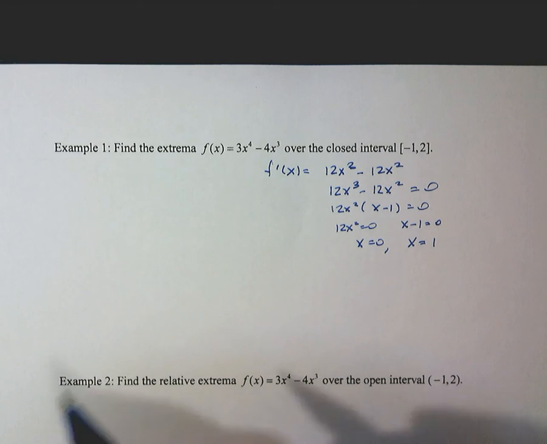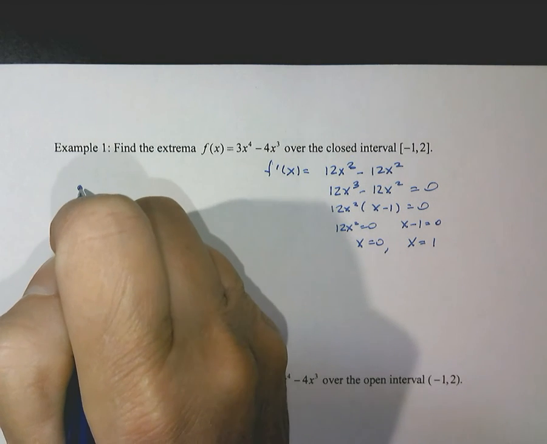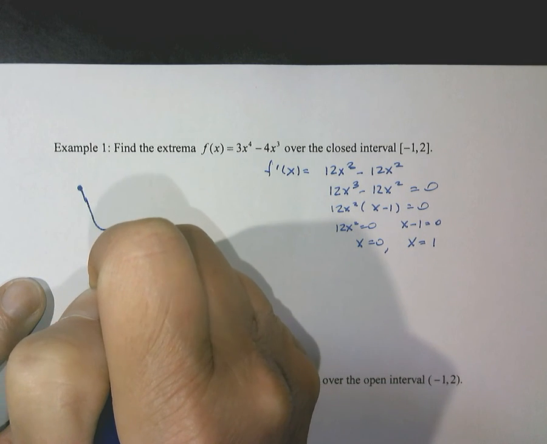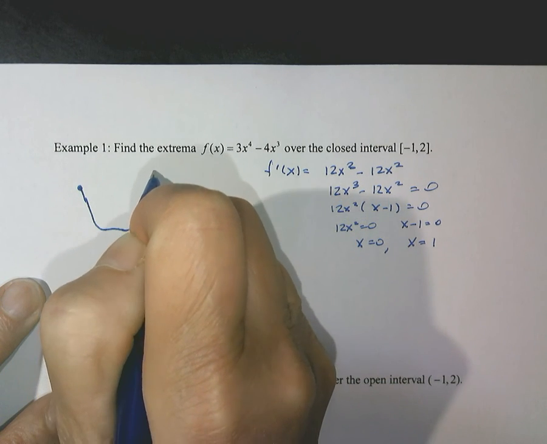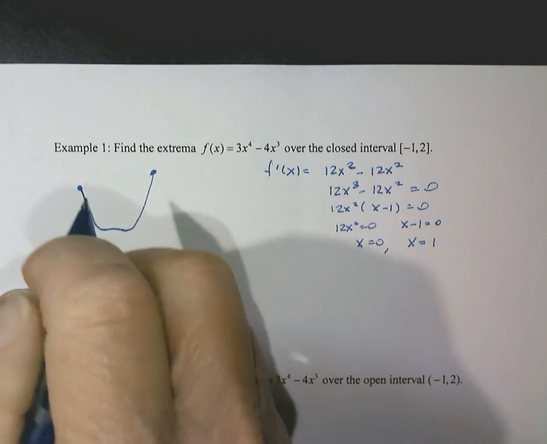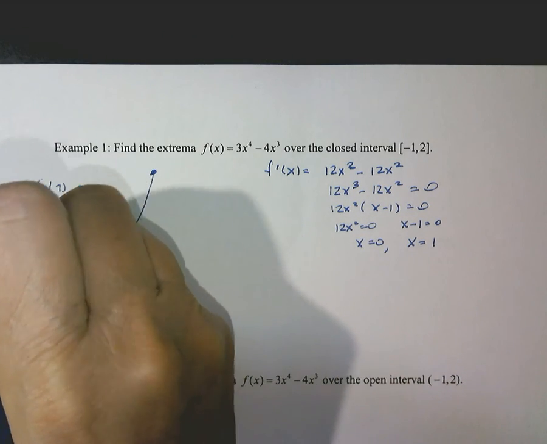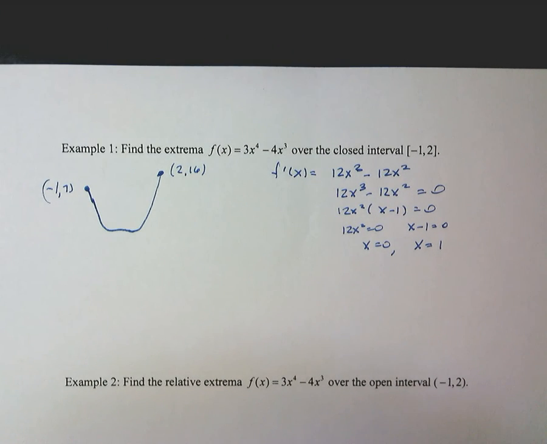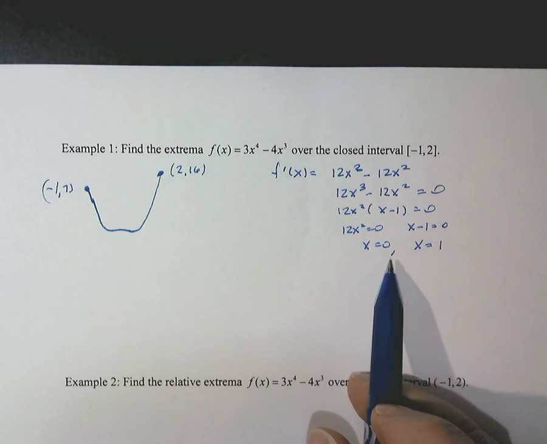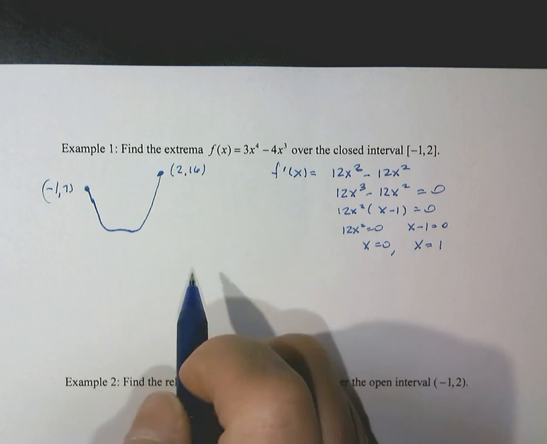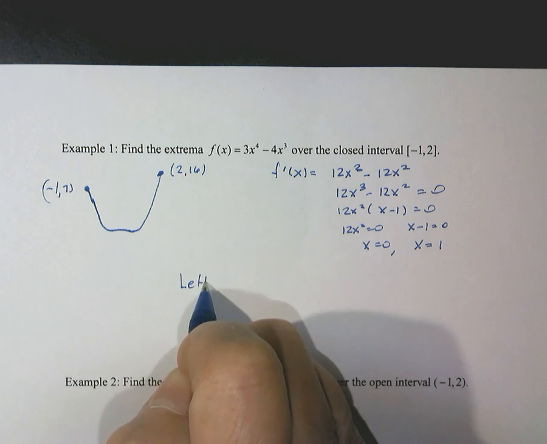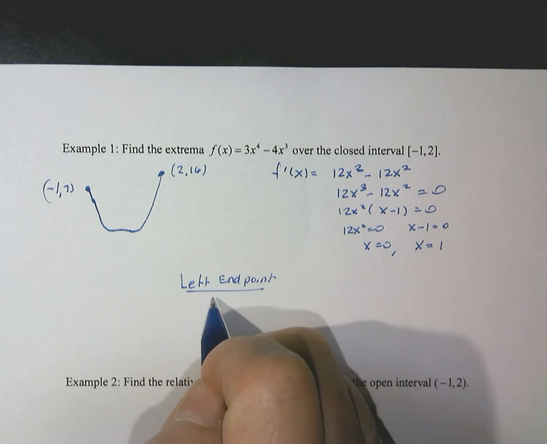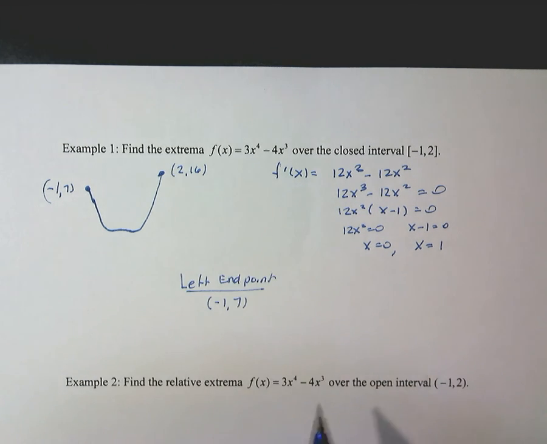If I look at the graph for a second, and I'm not going to put a y scale on this, I have graphed this already, and the graph looks like this. This is the point -1, 7. This is the point 2, 16. Now I want to check what's happening at 0 and 1. I first check my left endpoint, which is the point -1, 7, like I've said there.